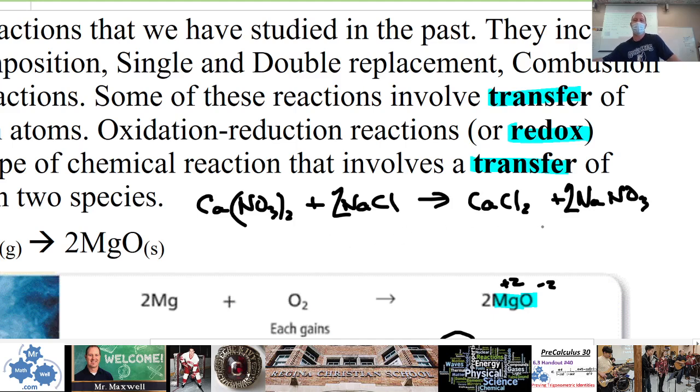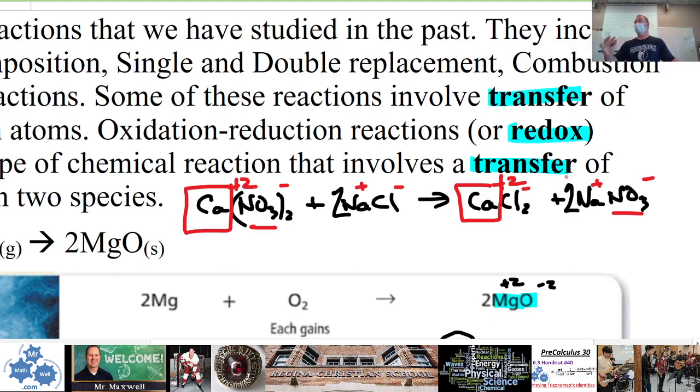Yeah, good. Okay, so if you look at this, calcium is an ion here, +2, and calcium is an ion here, +2. Nitrate is a polyatomic ion, -1 each. Sodium is +1 and +1. Chlorine, -1, -1.